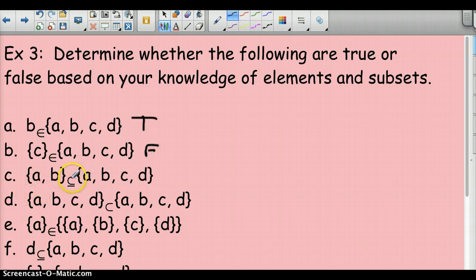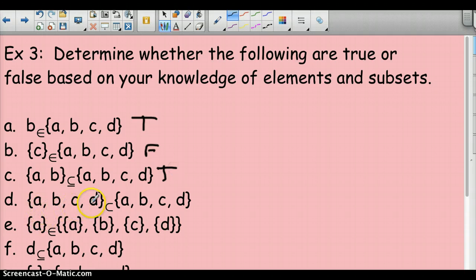Moving on to the next one, you look at the symbol here, the symbol is subset. So we look, is this a subset? Well, if it's a subset, there will be braces, which there are, and each one of these two elements will be in our set over here. I look, A and B are both in the set, and there are braces around it, so this must be a subset. I'm calling this true. Moving on to the next one.